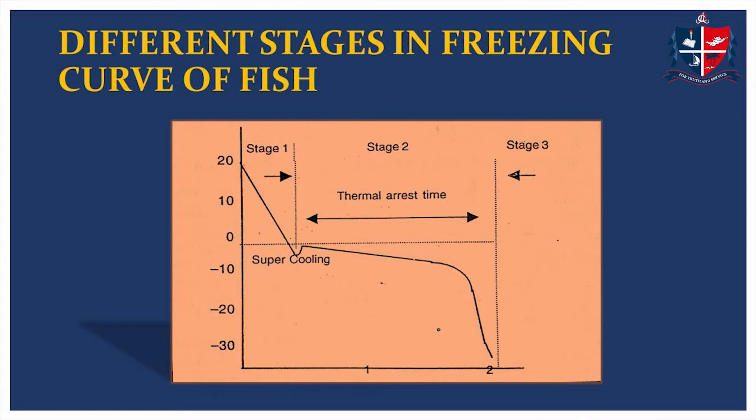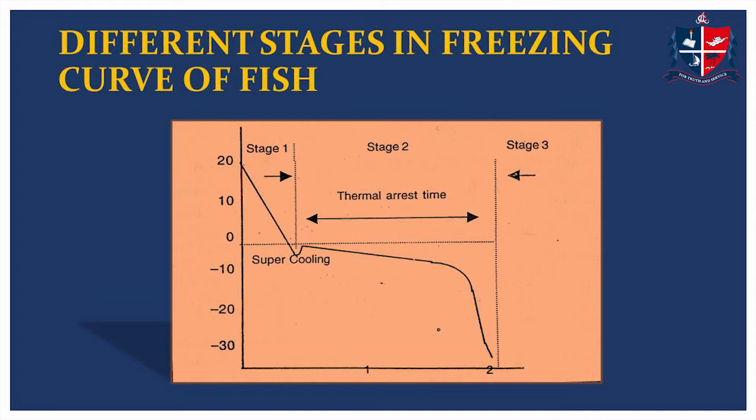Though not apparent in all cases, in most of the cases, supercooling takes place. It is a condition where the temperature of the water falls below 0 degrees Celsius without ice formation or crystallization taking place. As said earlier, in the body of fish, crystallization commences at -1 degree Celsius.